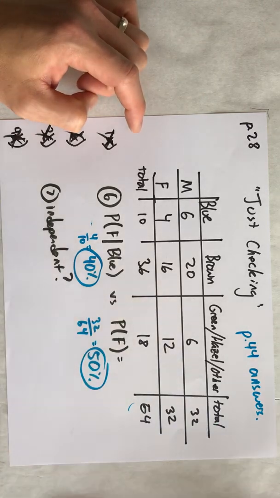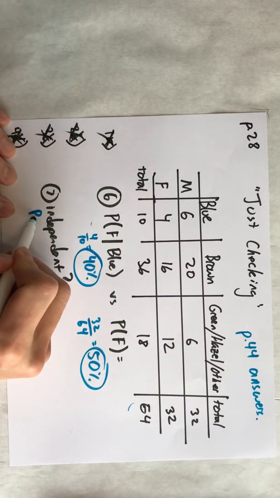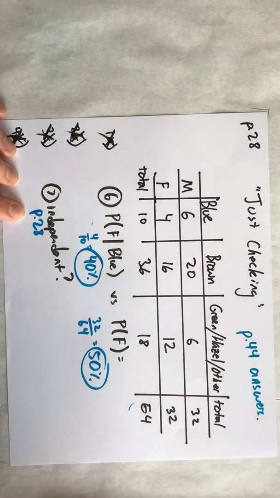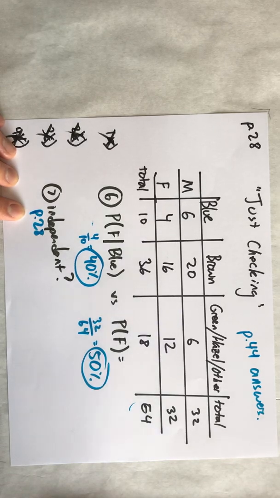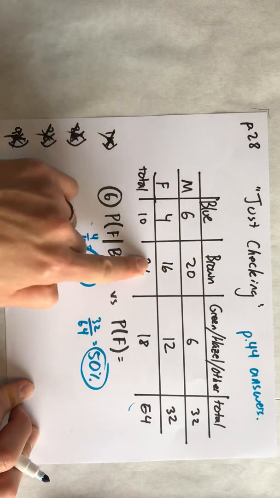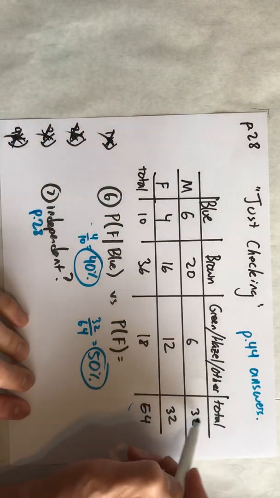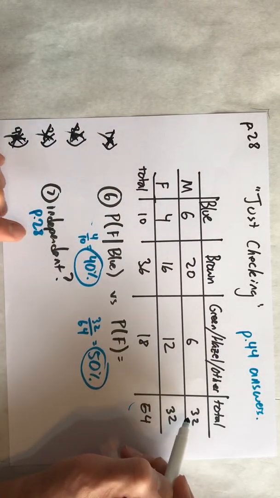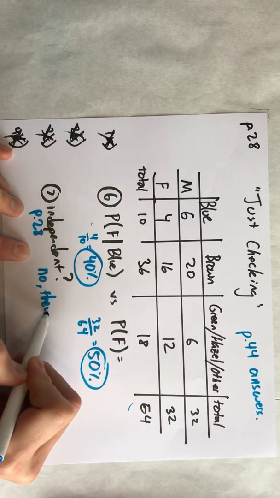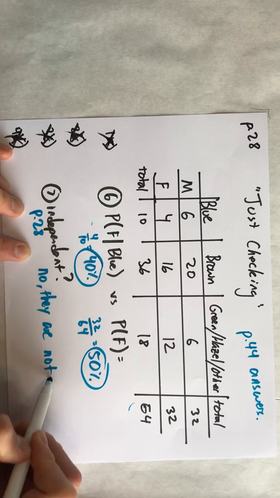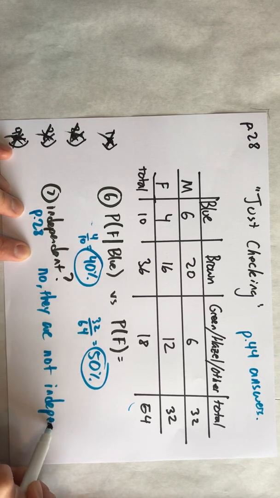Okay? So look on page 28, the explanation right there. It says, in a contingency table, when the distribution of one variable is the same for all categories of another, we say the variables are independent. So if these were all 50%, 50%, just like this is 50%, then we would say yes, they're independent. So this would be no, they are not independent.